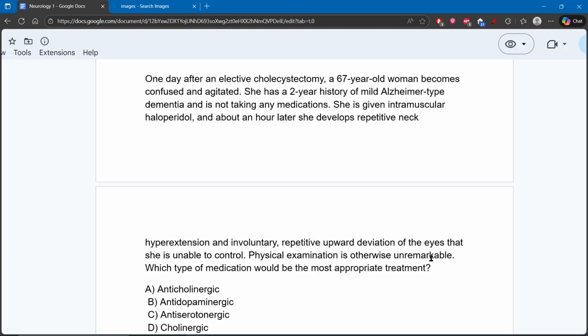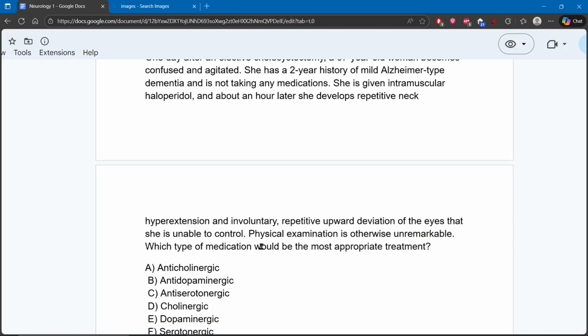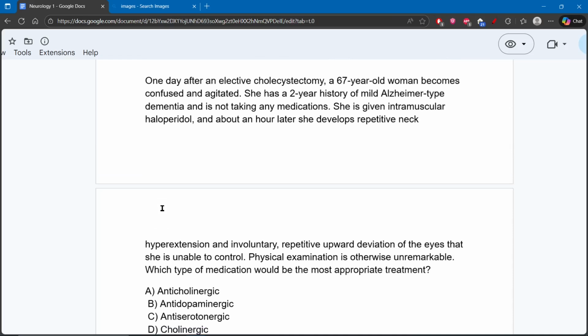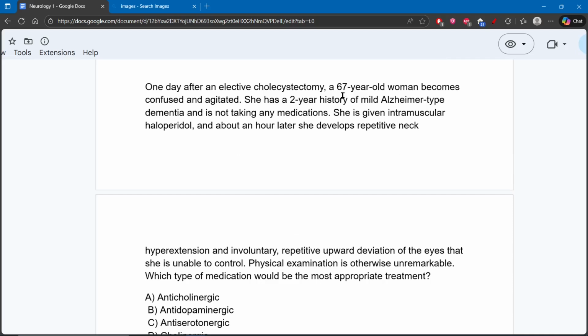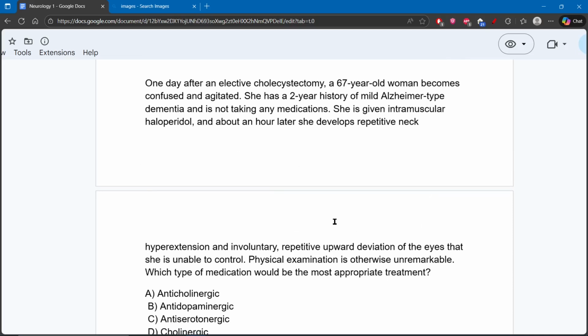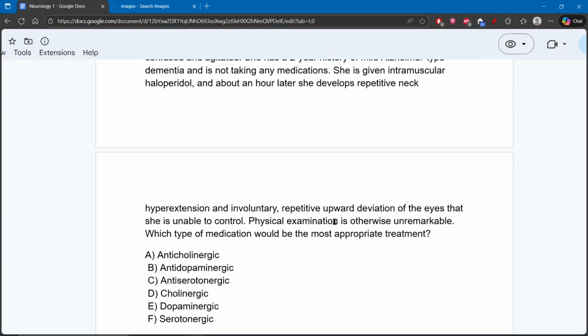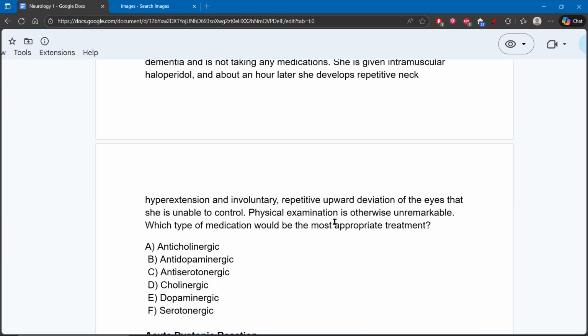Physical examination is otherwise unremarkable. Which type of medication would be the most appropriate treatment? Anticholinergic, antidopaminergic, anticytonergic, cholinergic. So, what is happening here? You must be able to identify this. I'm giving you some time to figure this out.